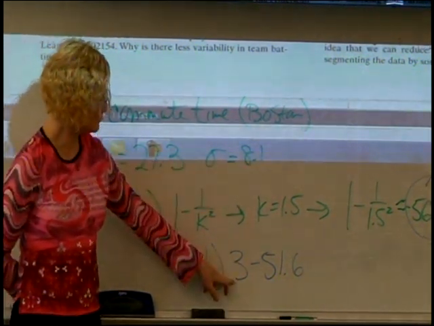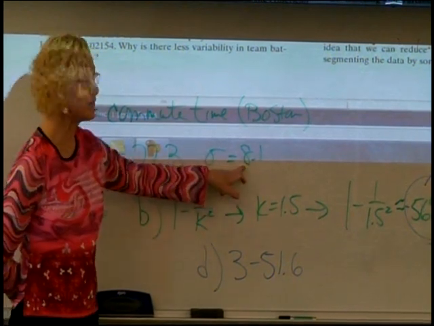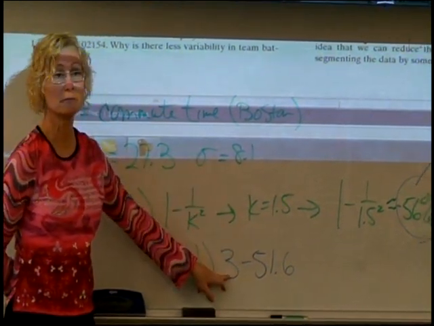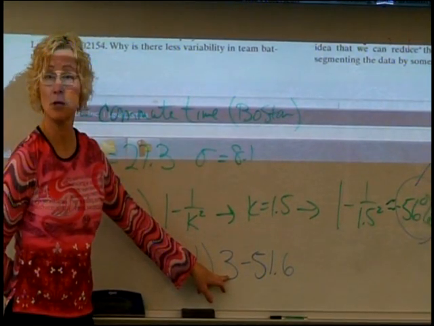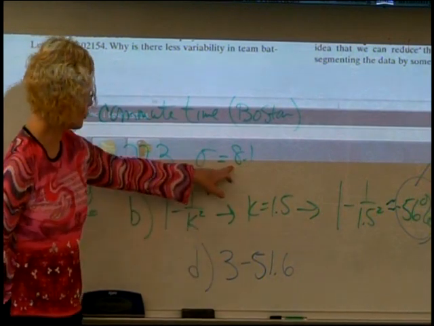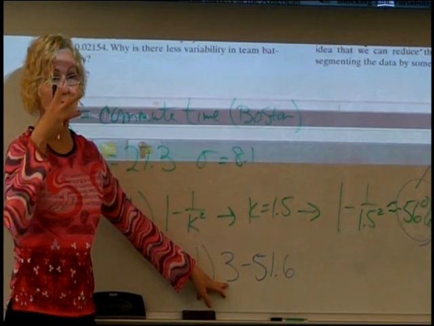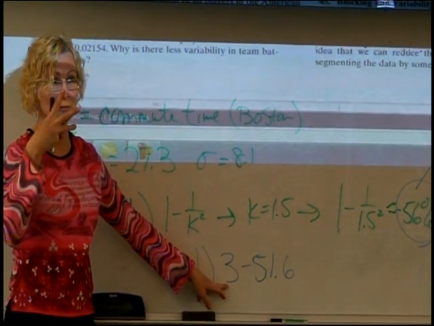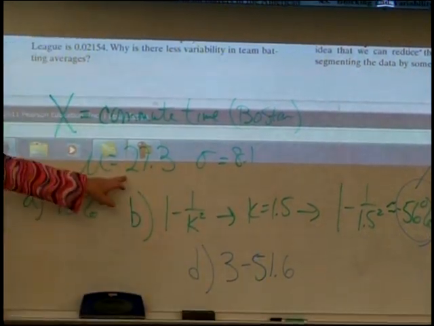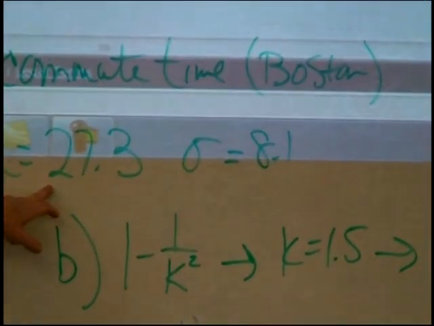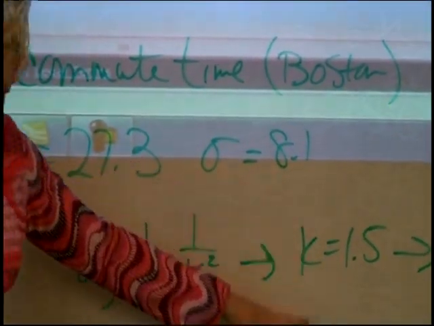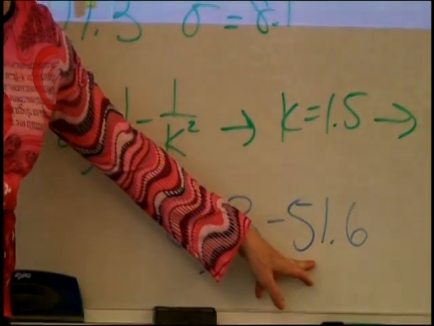You there yet? No. Subtract that again. Are you there yet? No? Subtract it one more time. Are you there? Okay, so you subtracted 3 standard deviations, correct? Then you take your mean, 27.3, and add 8.1. Are you there yet? 51.6?